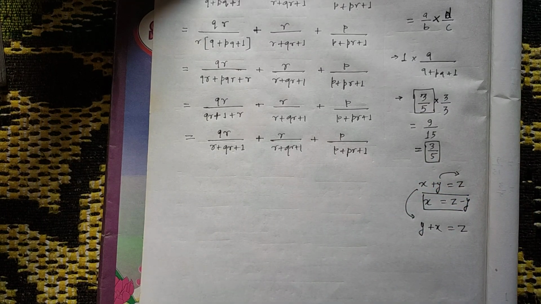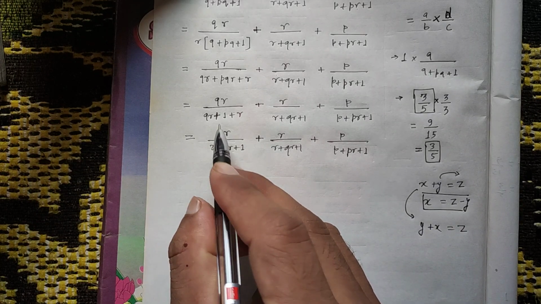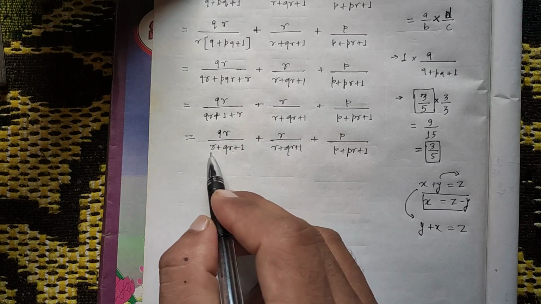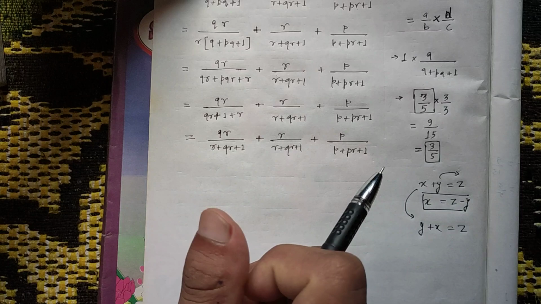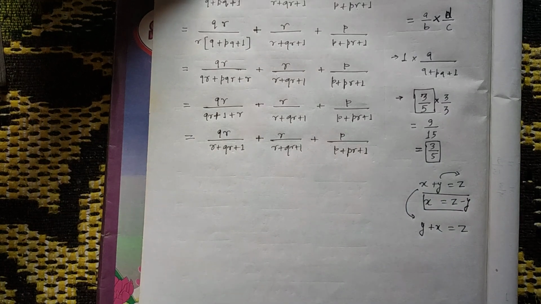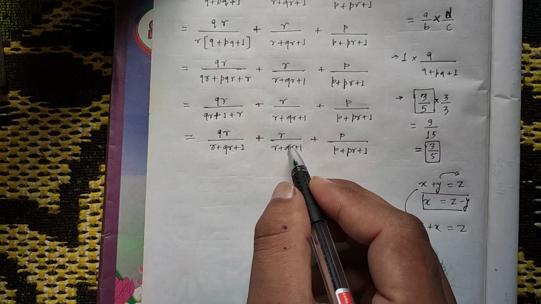Only the variables change places, not their signs, and these two denominators are equal, so we don't have to change them.